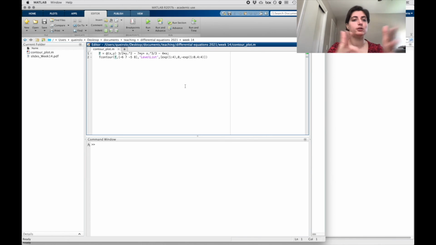I wrote out the function we just found that depends on x and y. And I use fcontour, a built-in function in MATLAB. It takes f, the bounds on which we want to plot, and possibly a list of levels, that is of constants, to plot.